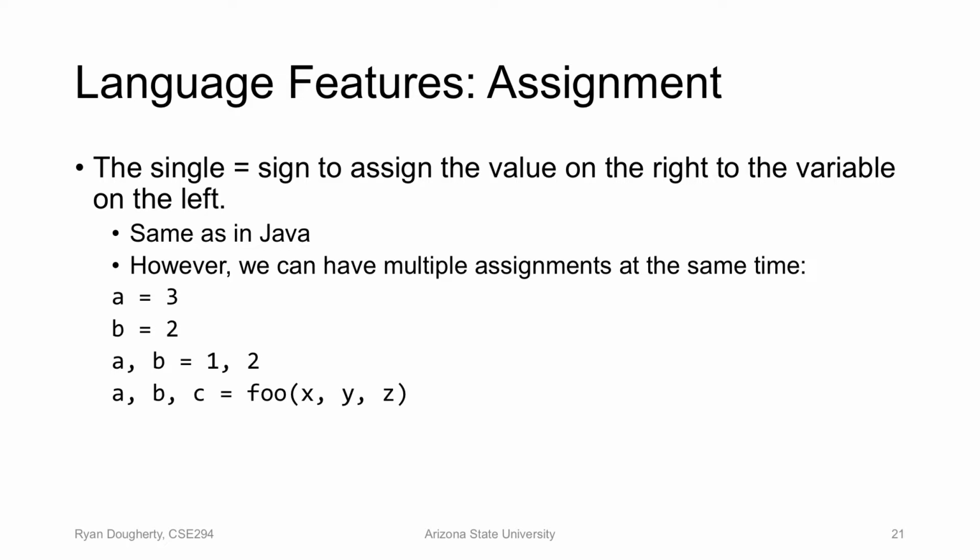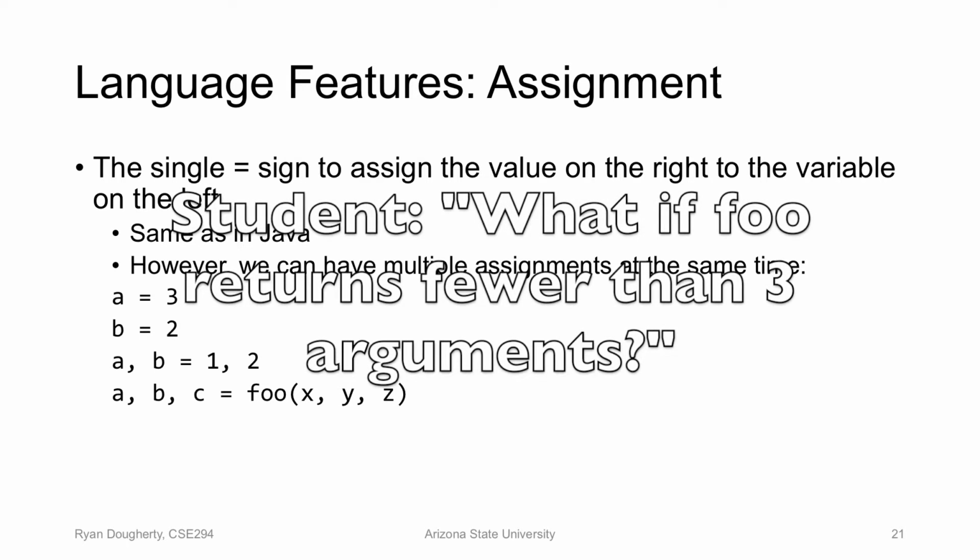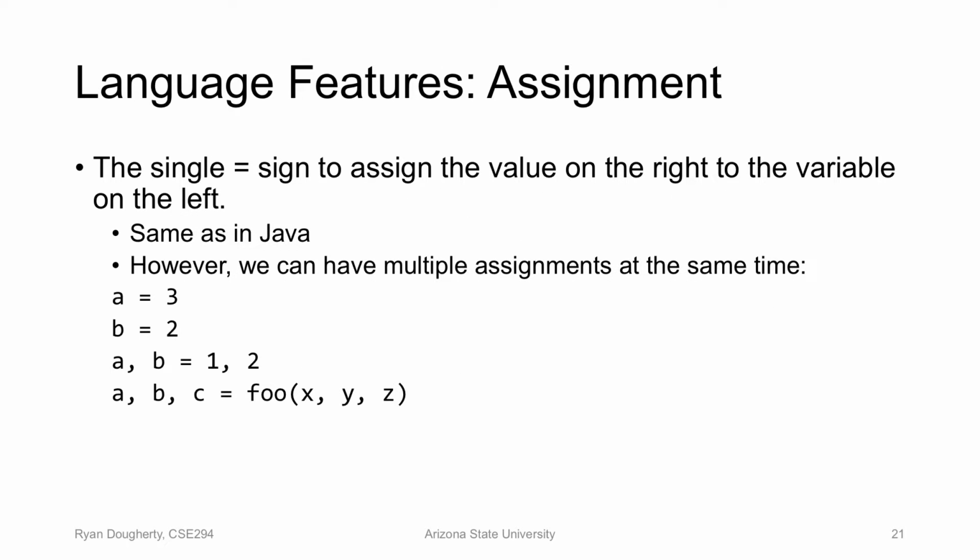So any questions about that? Can you assign multiple variables to one value? It would give you an error because the left-hand side is expecting 3 values on the right. But if I had more, it would just assign the first 3.